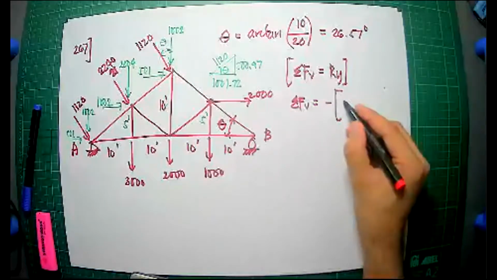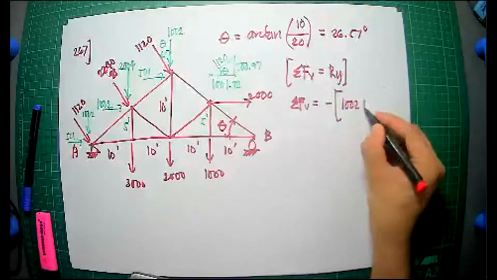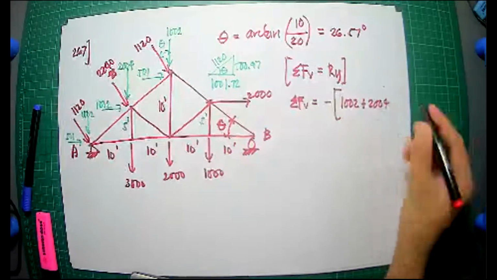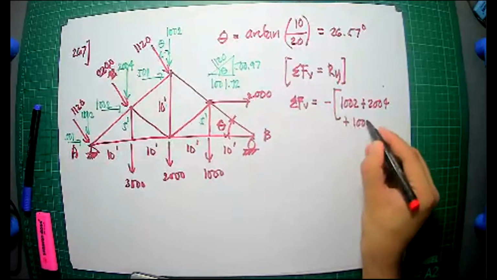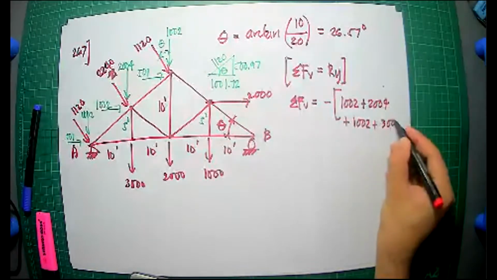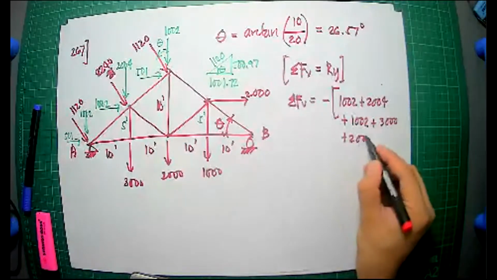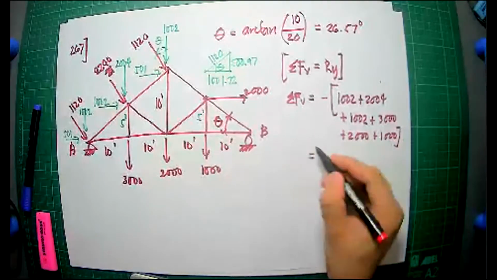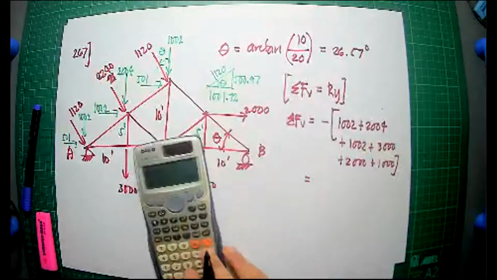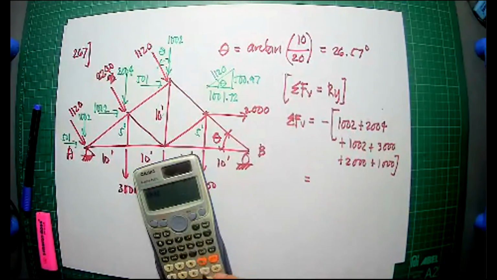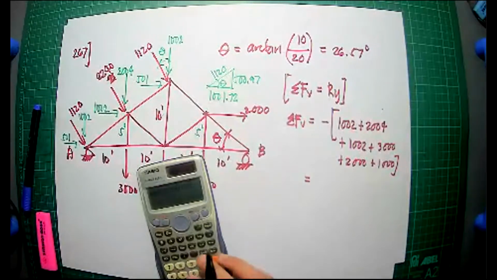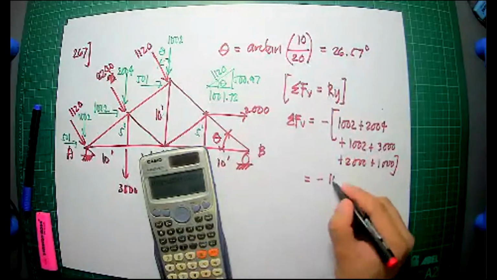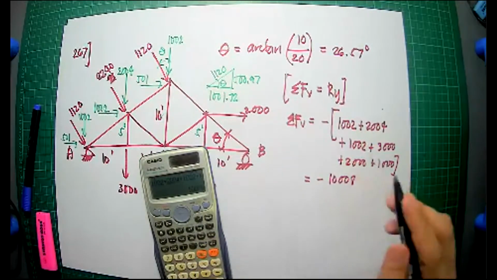So negative siya gwa. 1,002 plus 2,004 plus 1,002 plus 3,000 plus 2,000 plus 1,000. Okay, so pilang aton nga Ry. So it's negative 10,008 pounds.